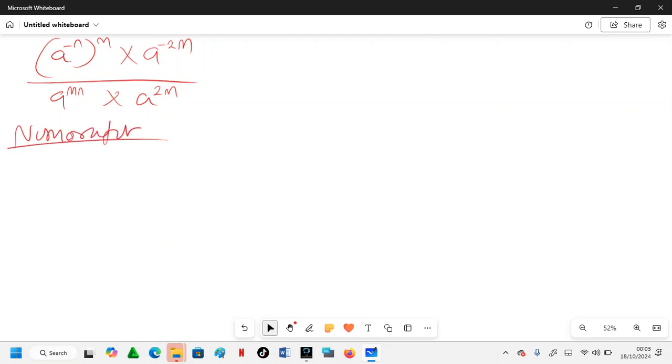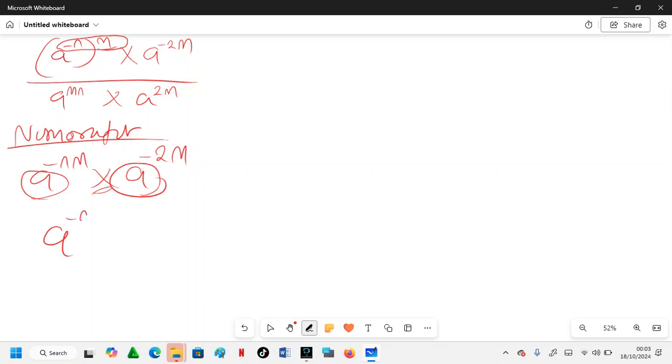So in the numerator, we can start by that. So we have a to power negative nm times a to power negative 2m. The bases are the same, we're multiplying, so it is a to power negative nm, and then plus negative 2m, which is going to turn to a negative nm minus 2m, right?